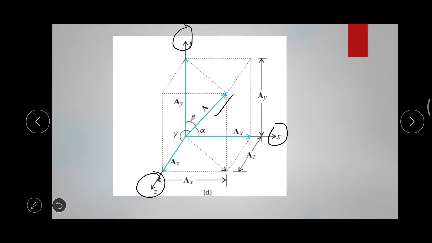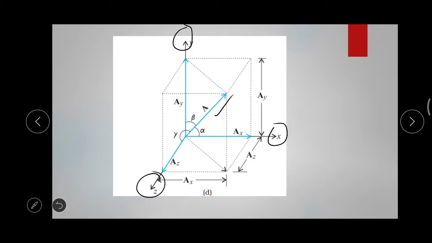That means A has values along the x axis, y axis and z axis. If you want to define the position of the vector A, you have to consider all 3 axes, x, y and z.